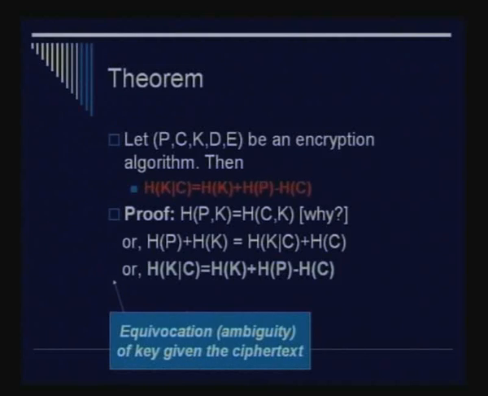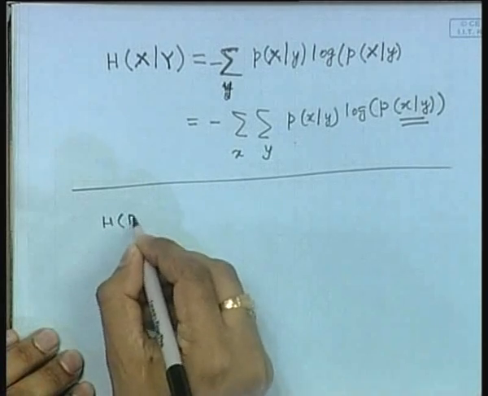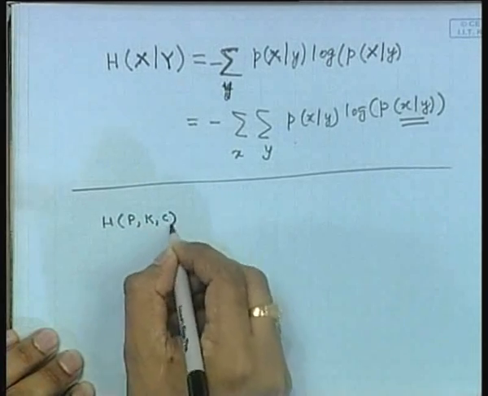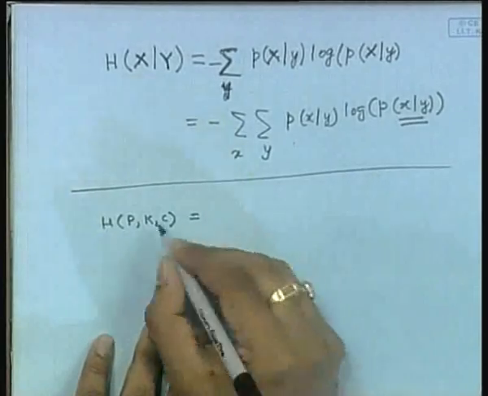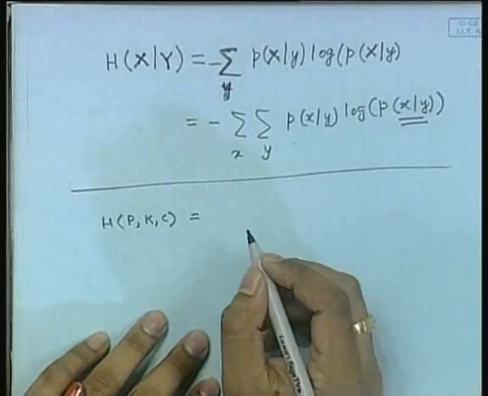The first line says that H of P comma K is equal to H of C comma K. Can you say why? Can you think of why? So how can you obtain H of P comma K comma C?